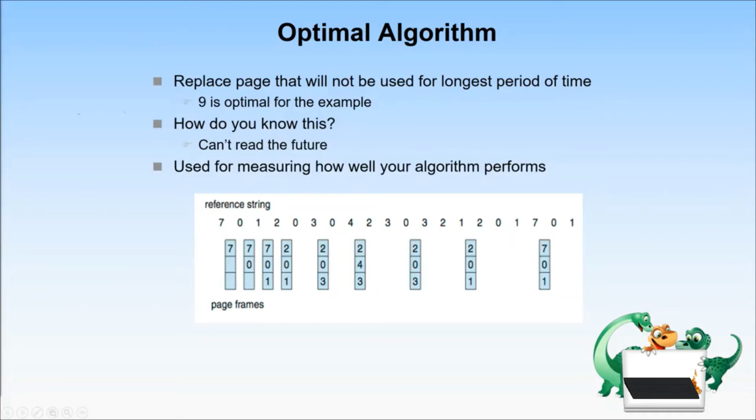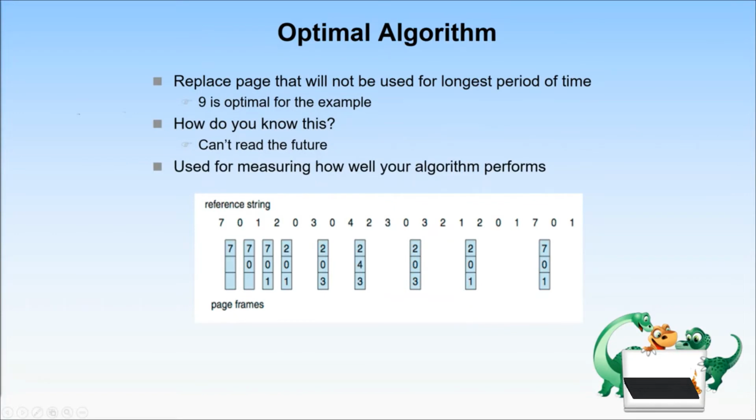Therefore the victim would be 1. 1 will be seen far in the future, far from 0 and 3.